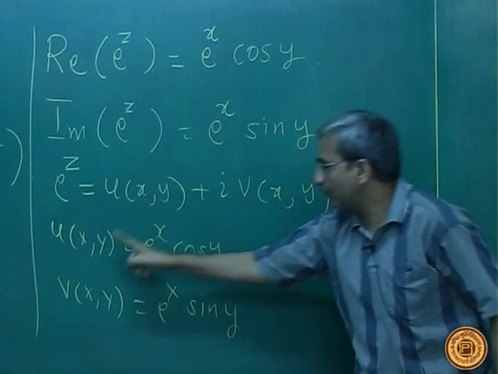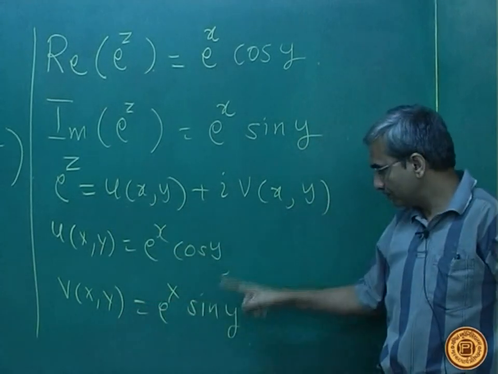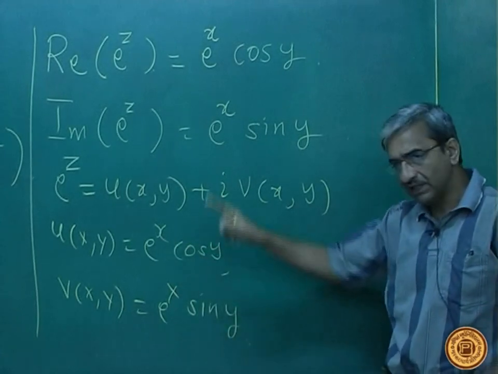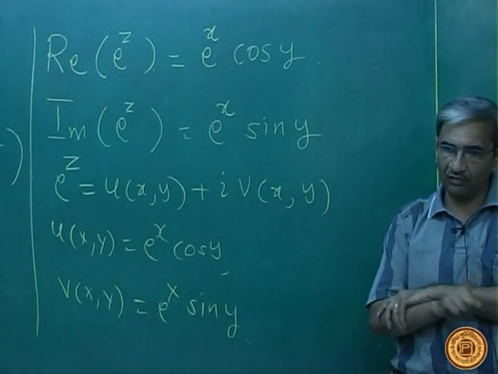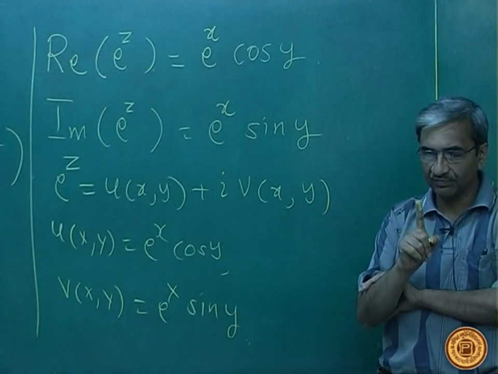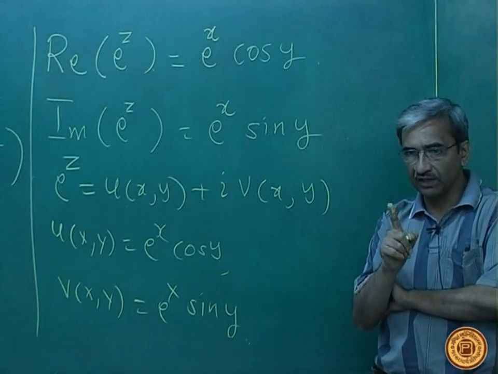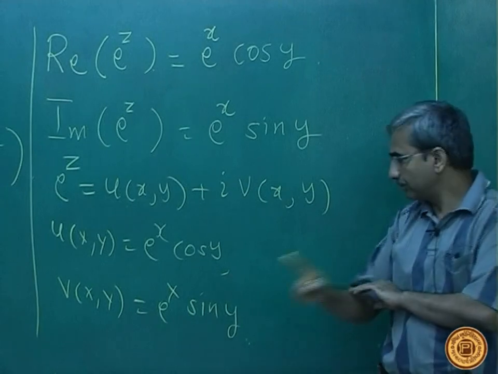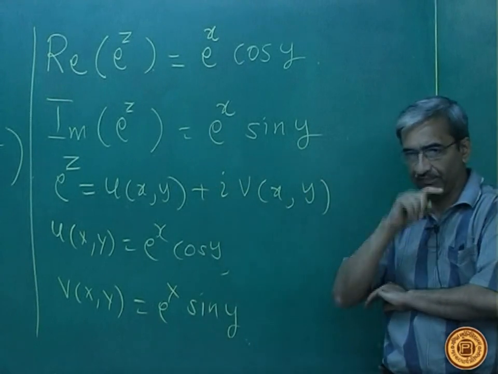Now you see this, what is u and what is v. This is u and this is v. Where this e to the power x appearing here is our real exponential function of a real variable. And we saw properties of this real exponential function last time.